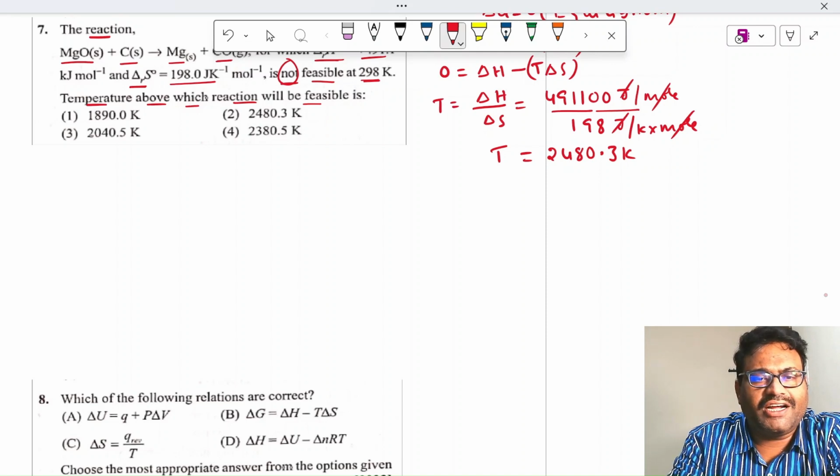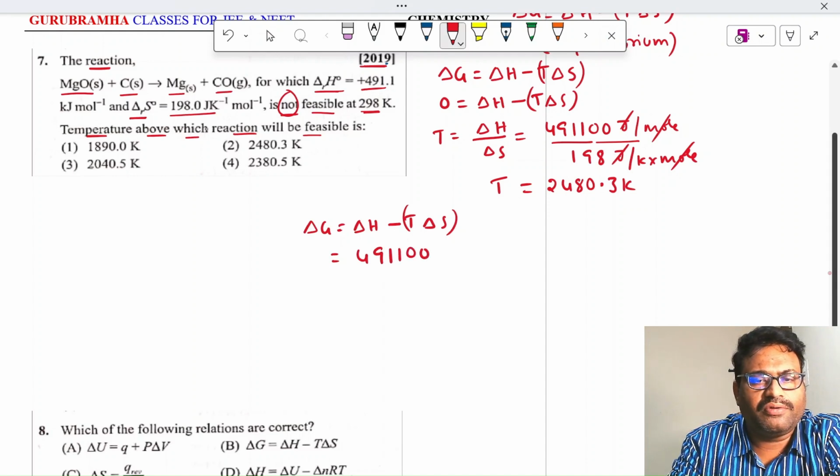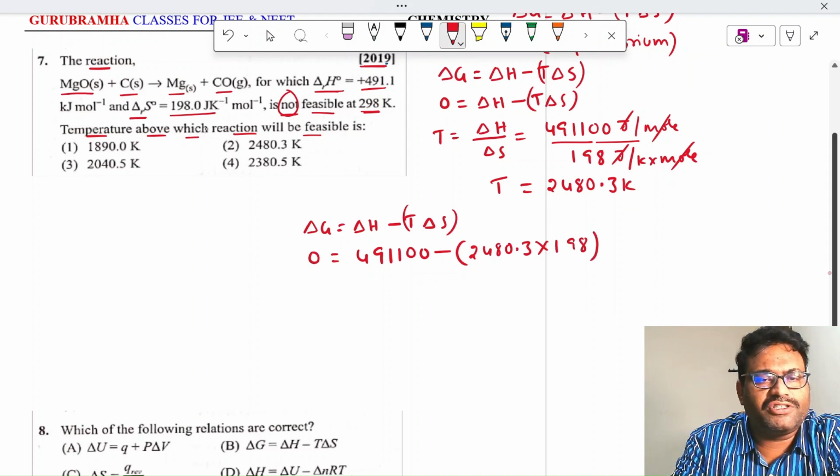And we know that delta G is equal to delta H minus T delta S. So delta H is 491,100 minus T, 2480.3, into delta S, 198. This will be equal to 0.